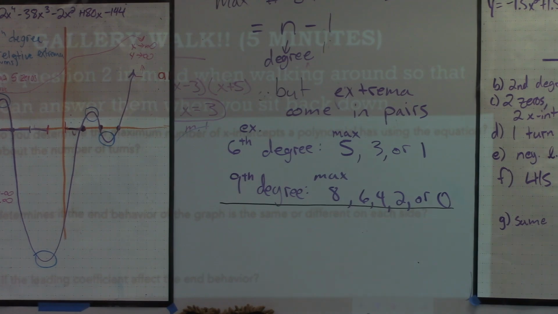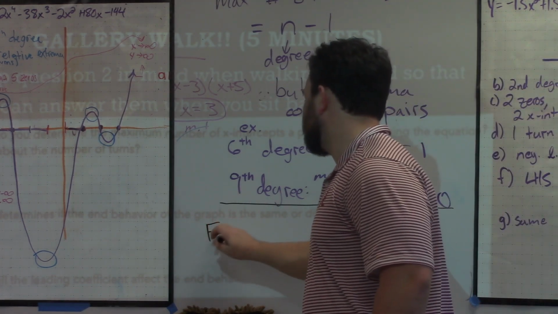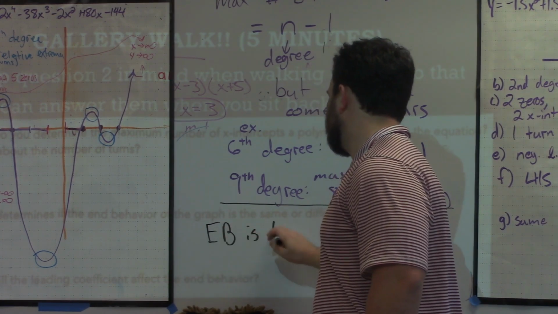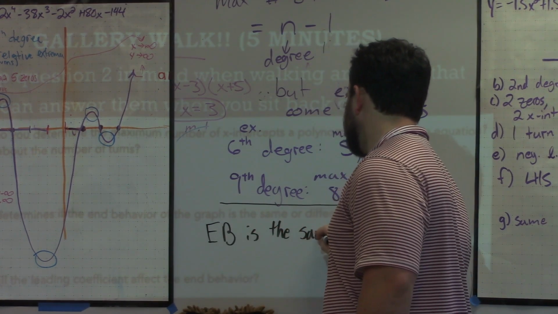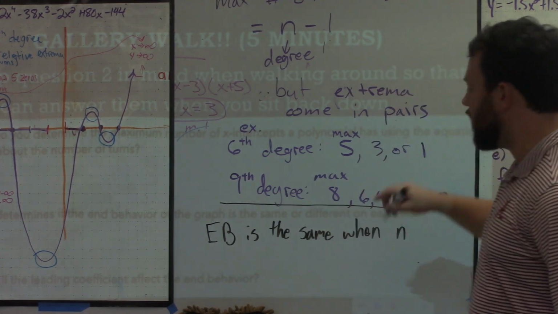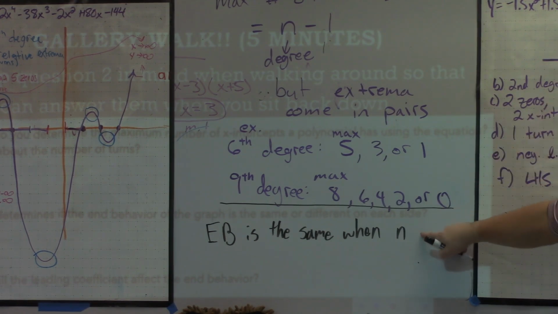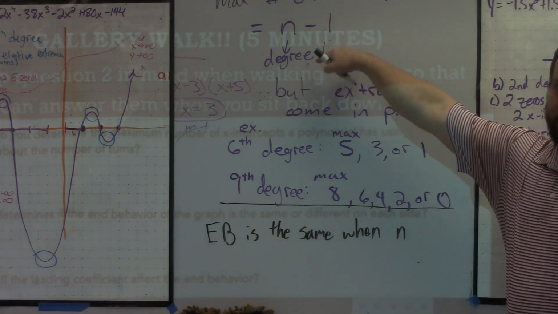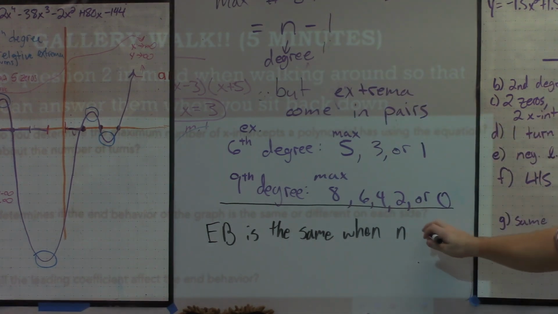Yes, so the end behavior is the same. When n, by the way, when we say n in math, what am I referring to? The degree. N is the degree. When n is even, so if the degree is even, the end behavior is the same.